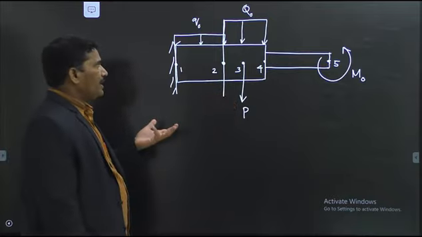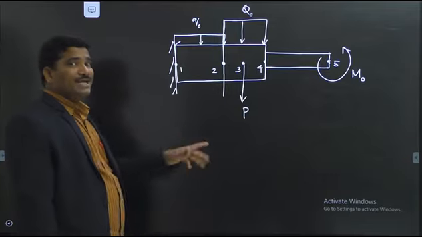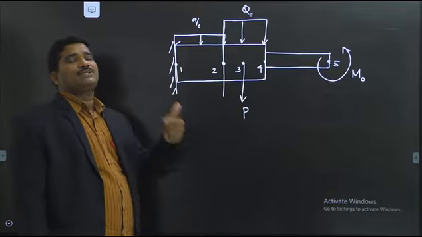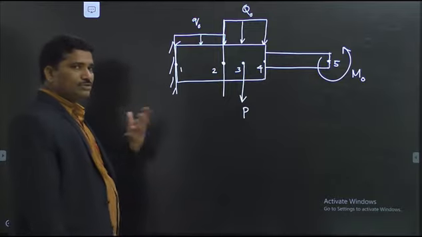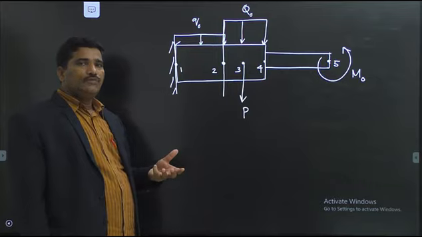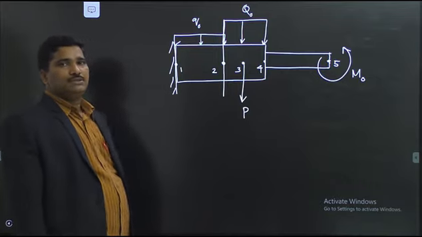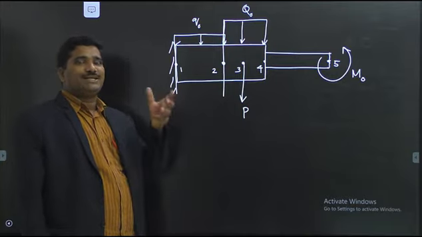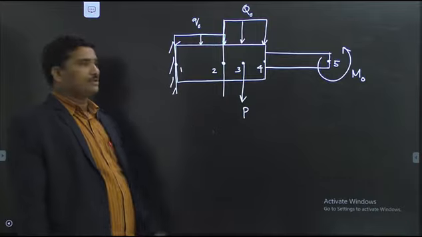If you want, you can have a few more nodes. But when you increase the number of nodes, the computation time also increases. That is the problem. So try to take fewer elements and solve it in lesser time. Otherwise, it takes more time to compute.